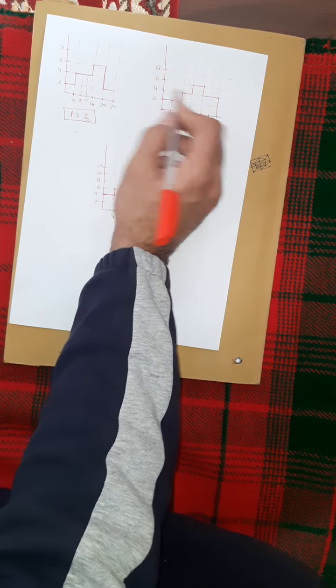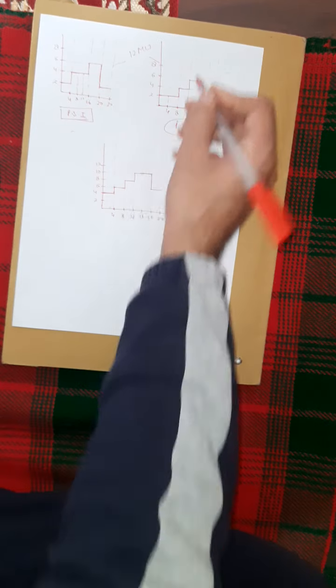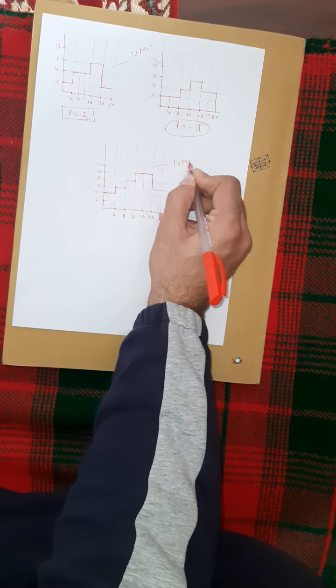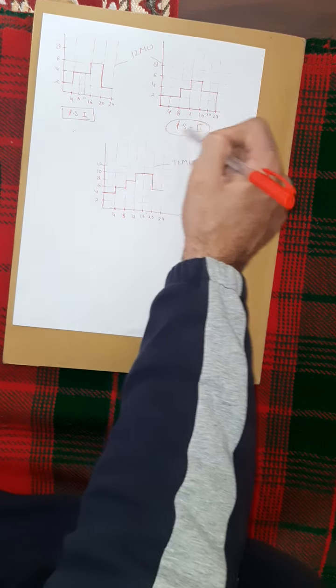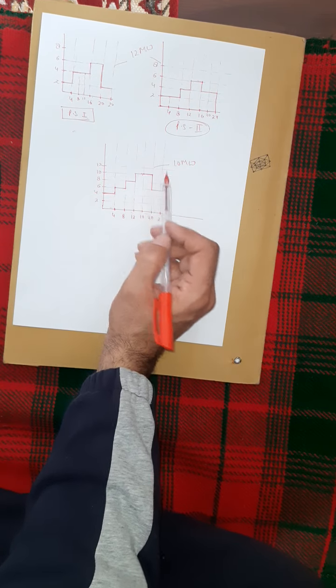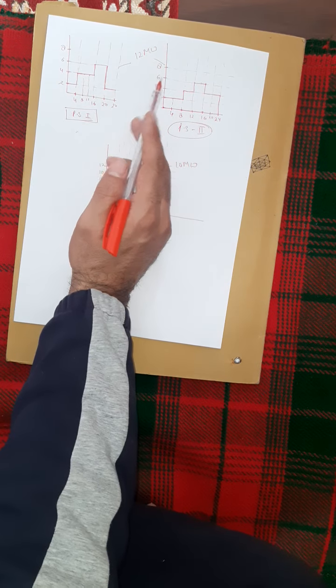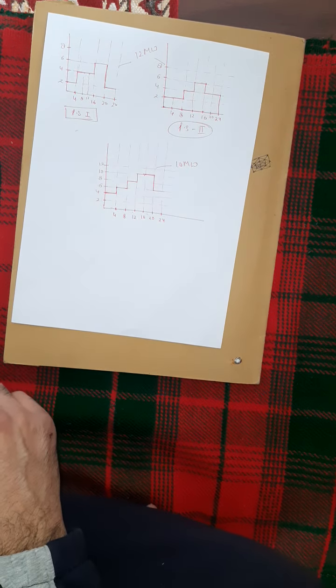Okay, what is the sum of the individual maximum demands here? It is 12 megawatt. And what is the maximum demand here? 10 megawatt. So this happened because of the interconnection of these two power stations. So the maximum demand is much lower as compared to the sum of the individual maximum demands. So what will happen? The diversity factor will improve.